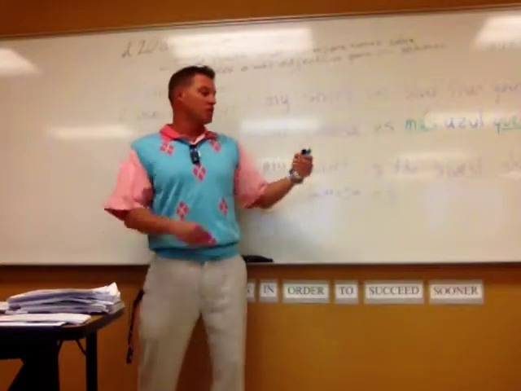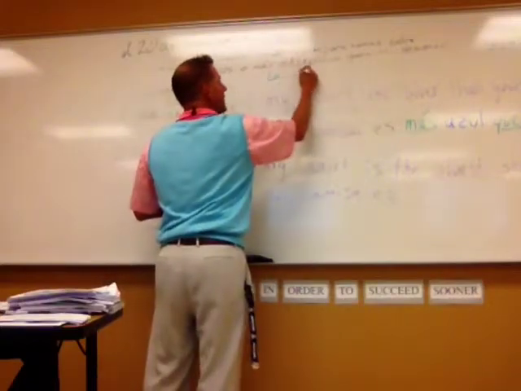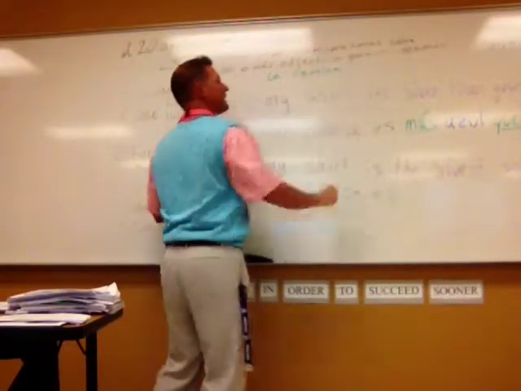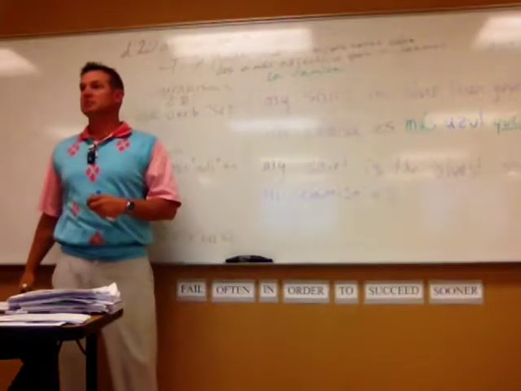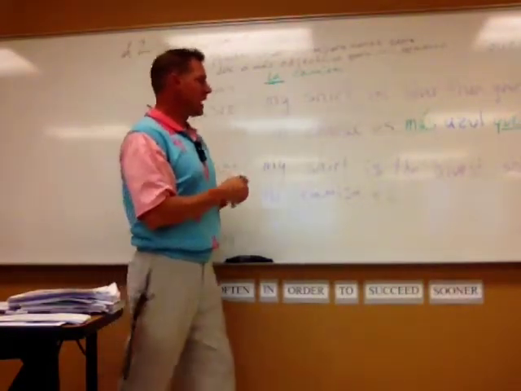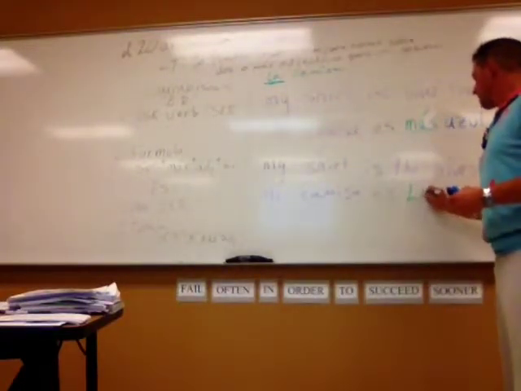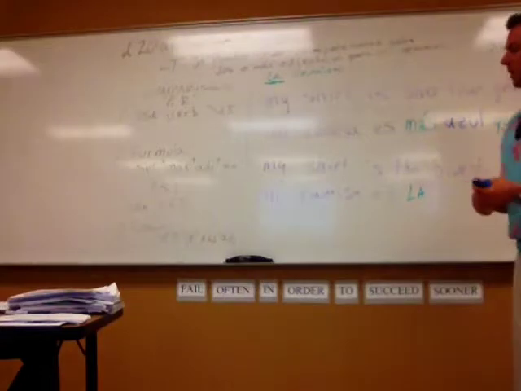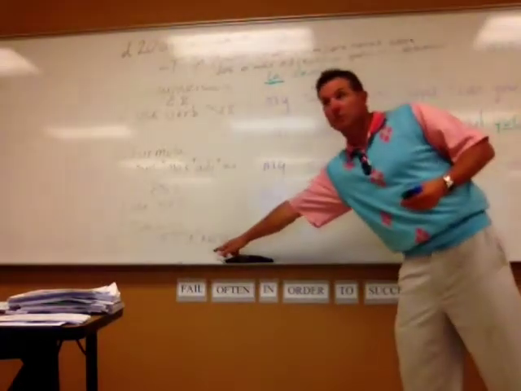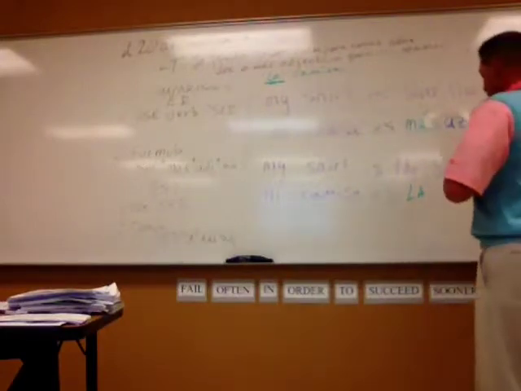So if we know that we are talking about la camisa, how do you say the? La. So we just bring in la here and say mi camisa es la, and then what? Look at your formula. Más. What isn't that?